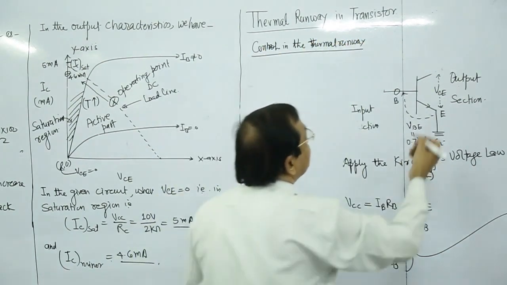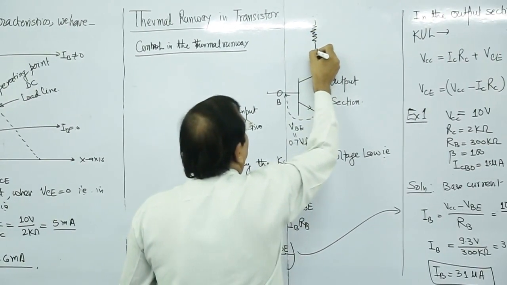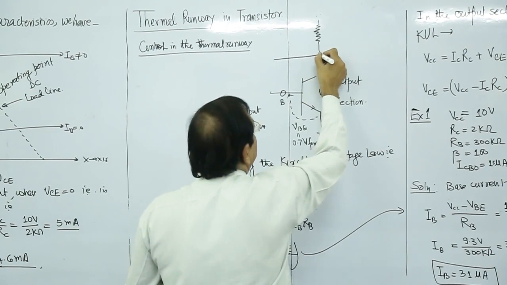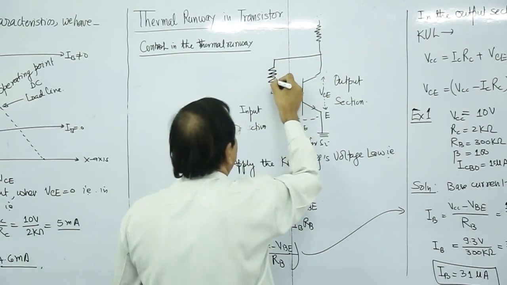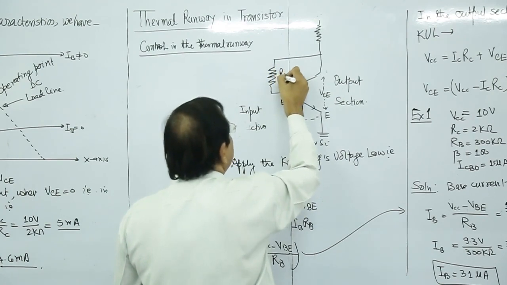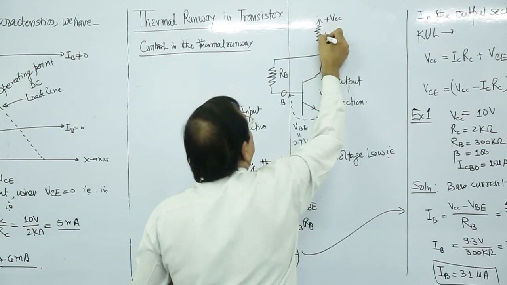As this is a transistor, here it is connected, this is the base resistance RB, this plus is VCC, and this is IC.